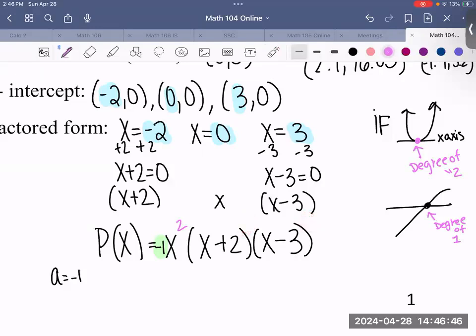Our degrees of 1 pass right through the x-axis. And the last case, which you might not see as often, is if your graph slides through the x-axis, then it has a degree of 3.